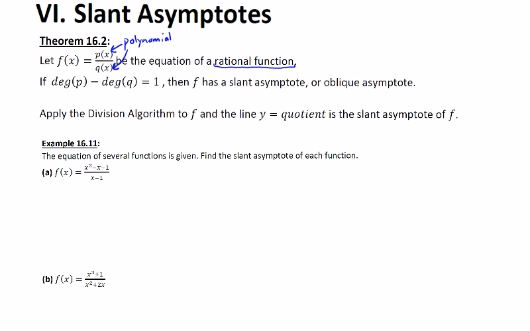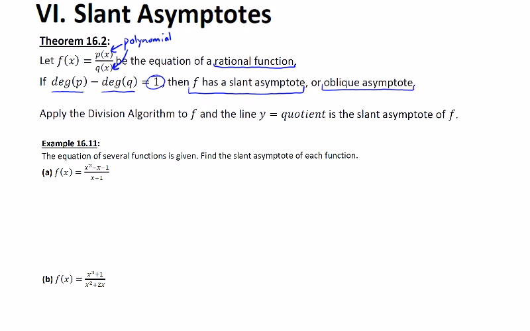And each one of those polynomials will have a degree associated with it. If the degree of the numerator minus the degree of the denominator is exactly equal to 1, then that means that your function will have a slant asymptote. This is also known as an oblique asymptote.